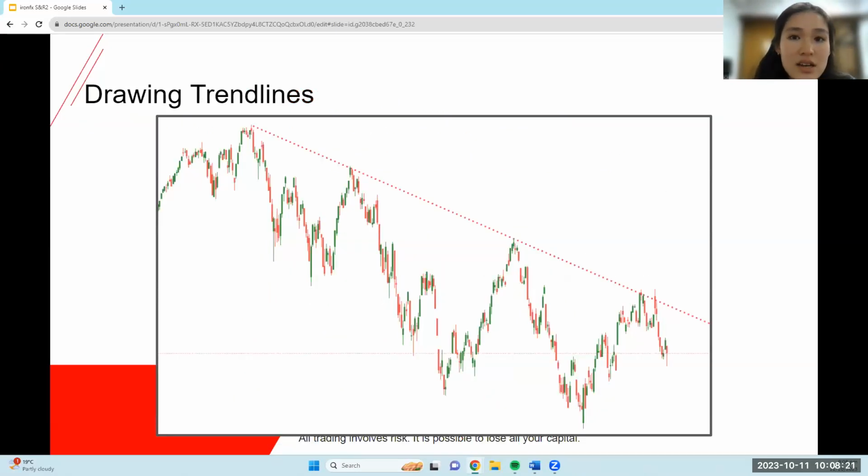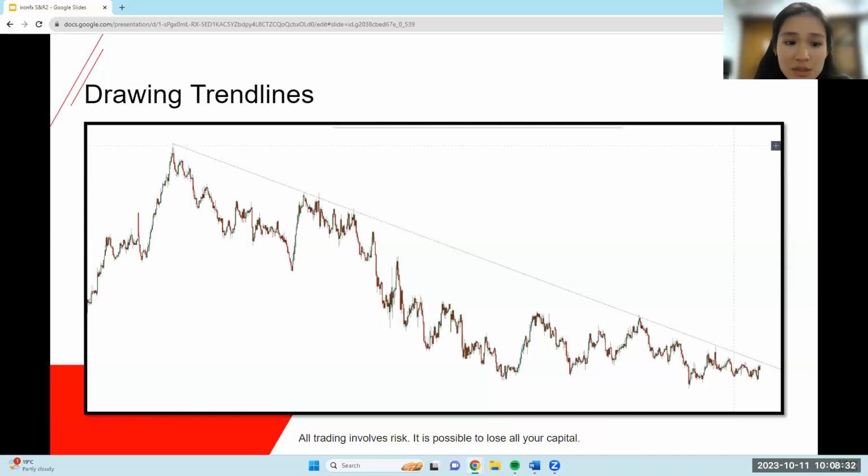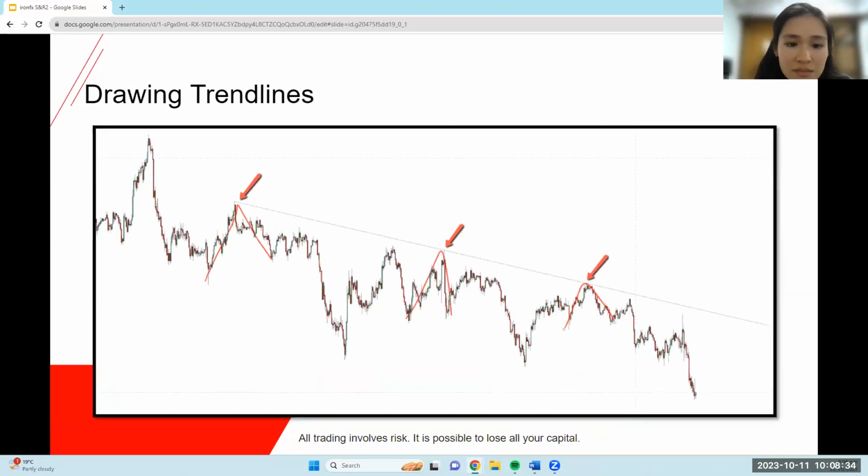Here's another example. In this case, we have really nice four swing highs that touch our trend line, but three is enough. Here's another example. Here we've drawn out exactly how significant these touches need to be for it to be considered valid.